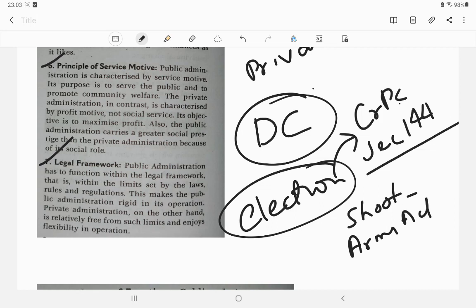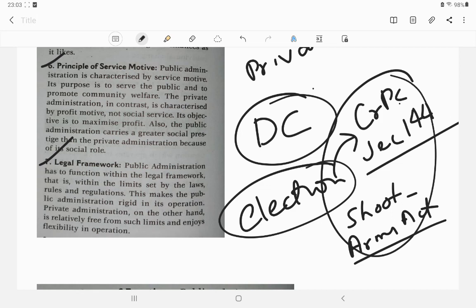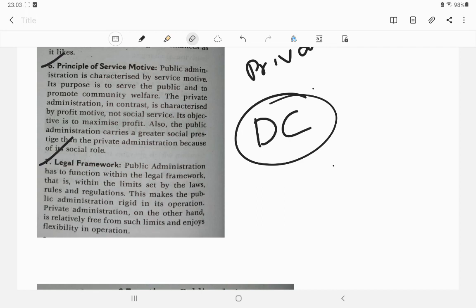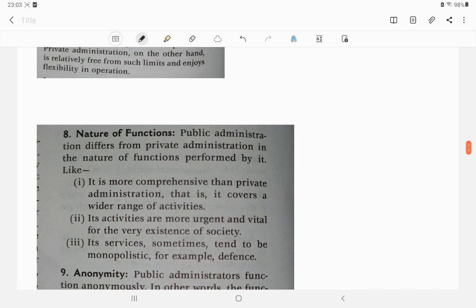It is all subject to the legal framework, meaning the constitution and statutory law control it. The deputy commissioner works within the law, that is the legal framework. However, private administration does not focus on the legal framework but on profit. So this is the answer. Next, nature of function.